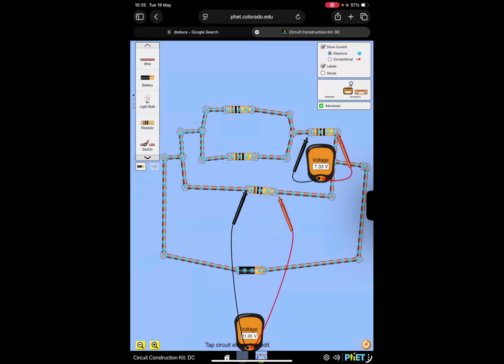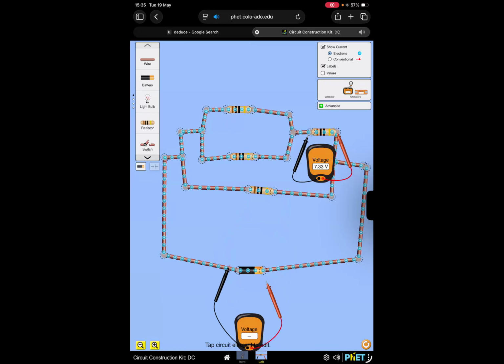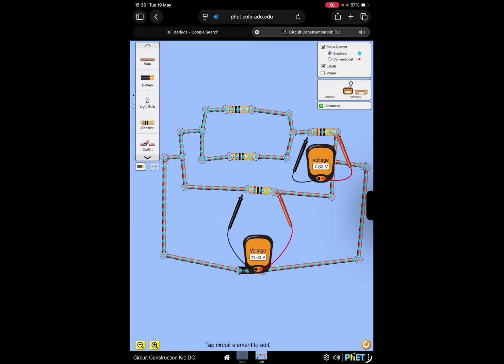If you check this, it didn't change. Do you see that?